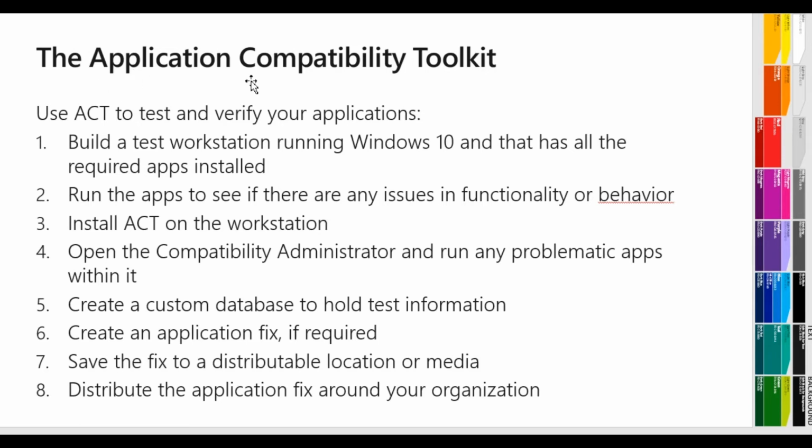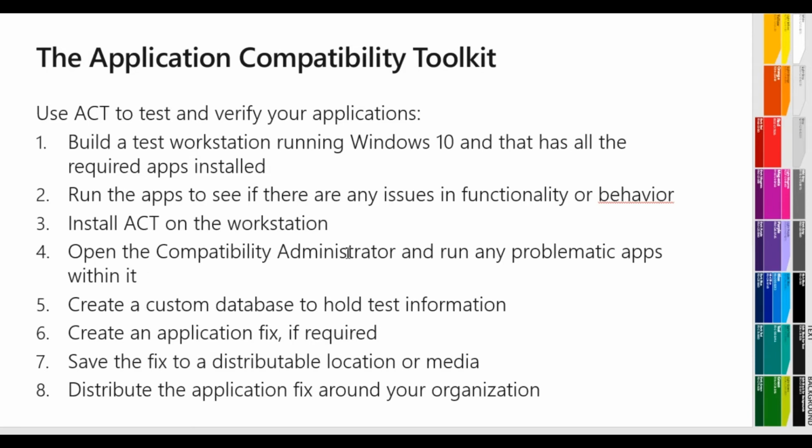And this is the application compatibility toolkit. Use ACT to test and verify your applications. Build a test workstation running Windows 10 that has all the required applications installed. Run the apps to see if there are any issues in functionality or behavior. Install the ACT on the workstations.